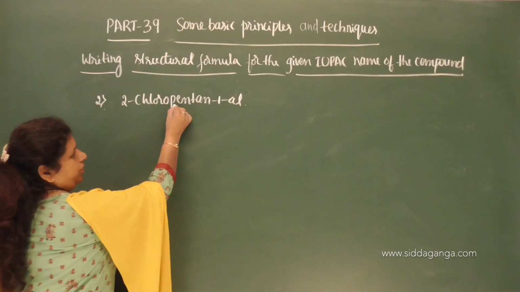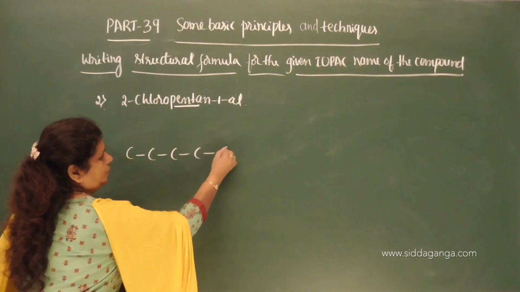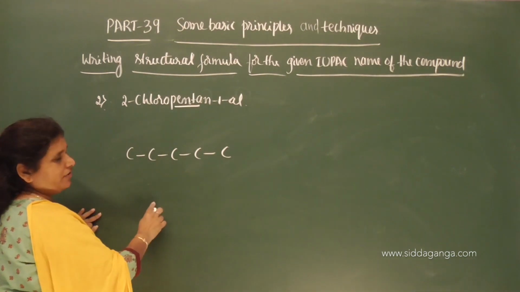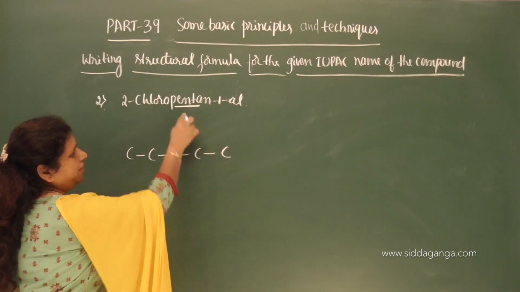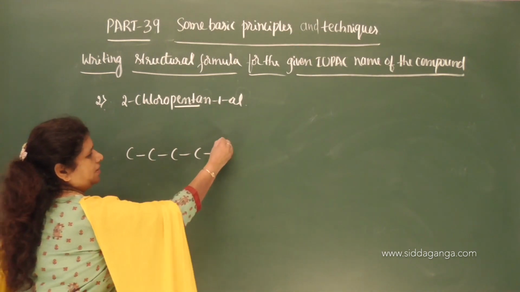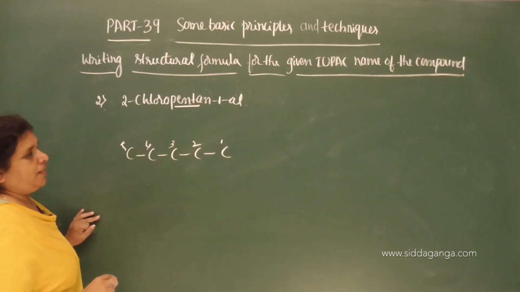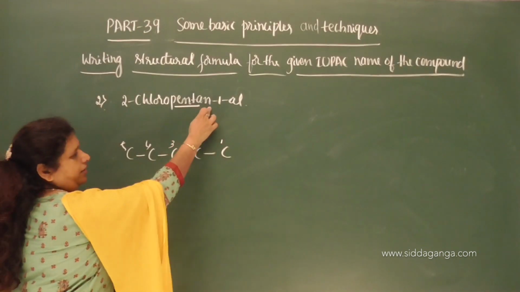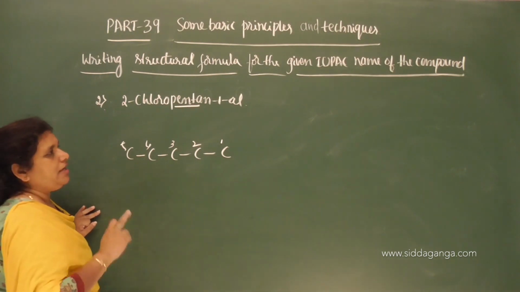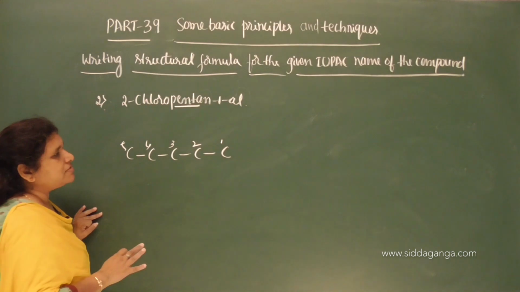First you need to write the carbon skeleton. Pent is the root word, therefore I have given 5 carbon atoms here. Pent for 5 carbon atoms, and number the carbon atoms 1, 2, 3, 4, 5, correct. And an, the primary suffix is an, therefore only single bonds are between the carbon atoms.